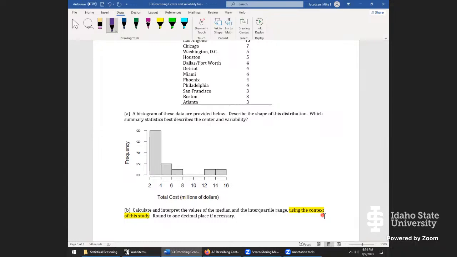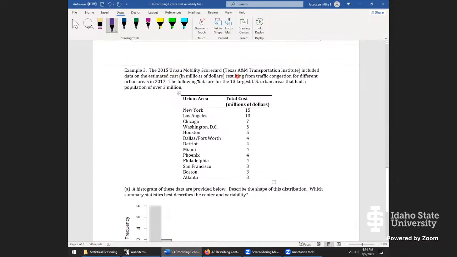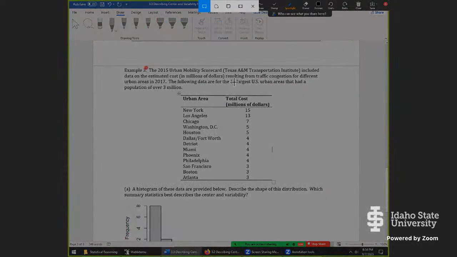We also need to say, well, what does that mean to the original problem? If we can't connect that thought, then our statistics are essentially meaningless. They only have value once we interpret them. When it says context of the study, it means this kind of stuff. You have to talk about traffic congestion costing millions of dollars. So we'll return to this context here.